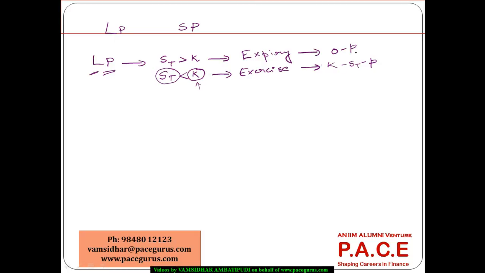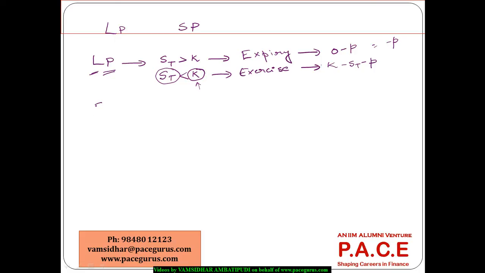So his payoff is going to be 0 minus P, which is minus P, when the stock price is greater than the strike price, and K minus ST minus P when the stock price is lesser than the strike price.